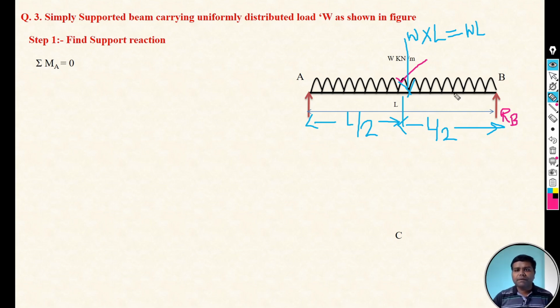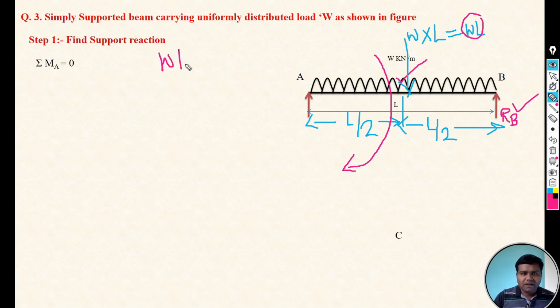Now we have to take the moment of that WL point load and RB point load at the A point. For equilibrium conditions, we can use any sign convention: clockwise positive, anti-clockwise negative. But generally, our practice is clockwise moment positive. So if we take the moment of this WL, that UDL is acting clockwise, so that moment is WL into L by 2, positive.